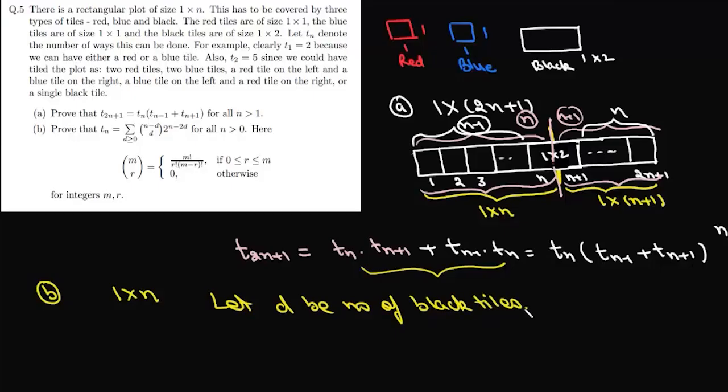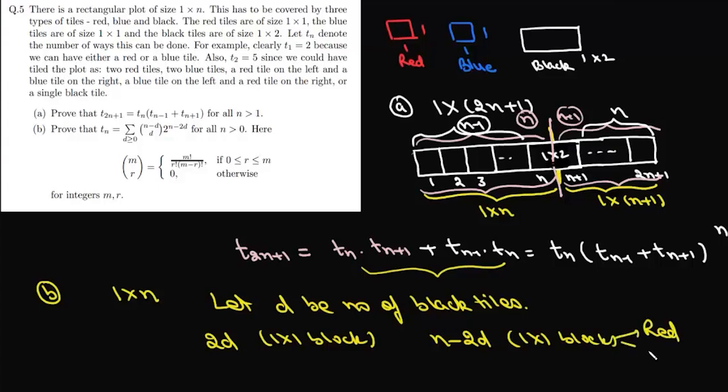Now since we are using d black tiles, these black tiles are actually going to cover 2d 1 cross 1 blocks. So then we are left with n-2d 1 cross 1 blocks, which are to be filled with either red or blue.